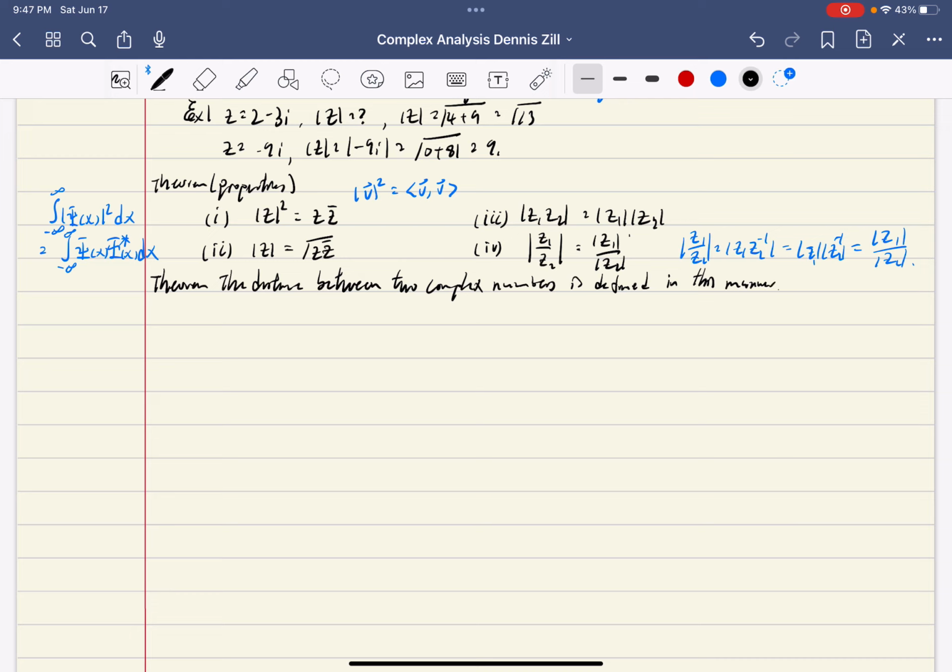Well, that's just basically the norm, no, the modulus of z2 minus z1. That's where you do the x component, and then you do the y component. So some more remarks.